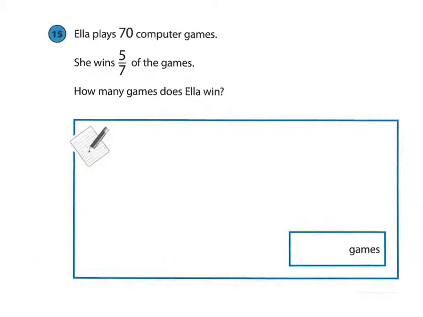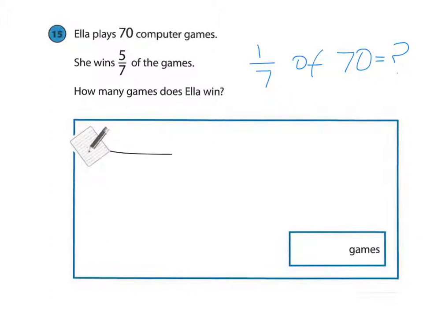Question 15. Ella plays 70 computer games. She wins 5/7 of the games. How many games does Ella win? The first thing we need to do is to work out what 1/7 of 70 is. So how many 7s are there in 70?